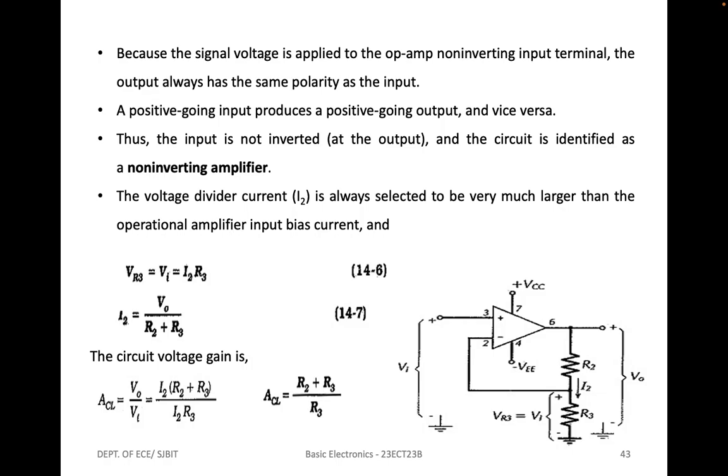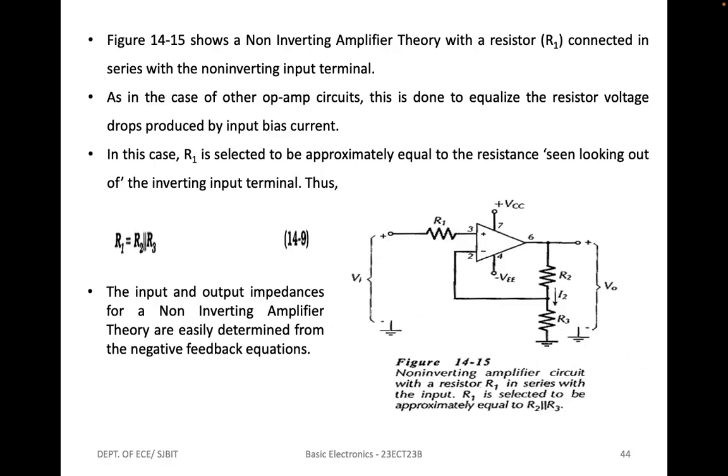The voltage divider current I2 is always selected to be very much larger than the operational amplifier input bias current. So these are the set of equations for the circuit.